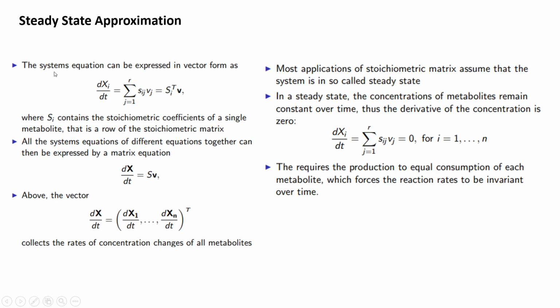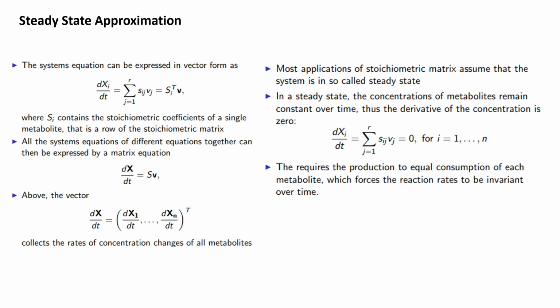As a system of equations, this can be represented as dXi/dt, which is the summation of the multiplication of these individual elements along with the column vector. This is matrix multiplication. If you imagine a column vector of n elements, and your matrix is n cross n, you're multiplying a matrix of n cross n with a matrix of n cross 1.